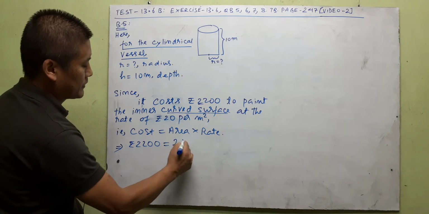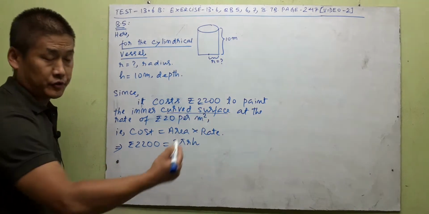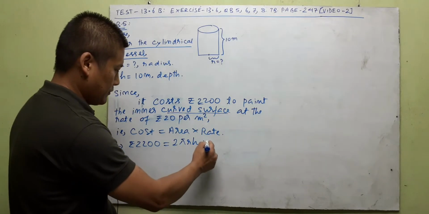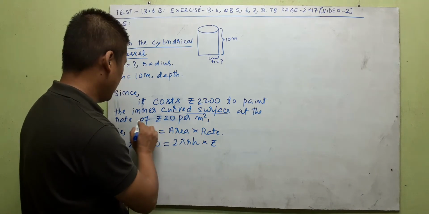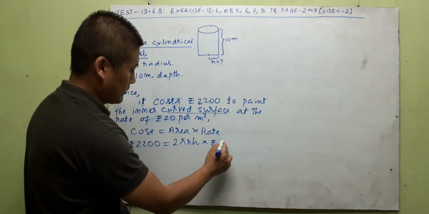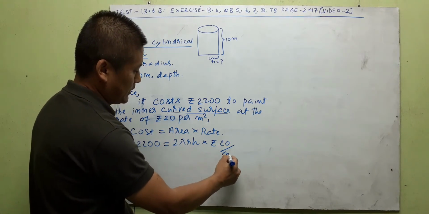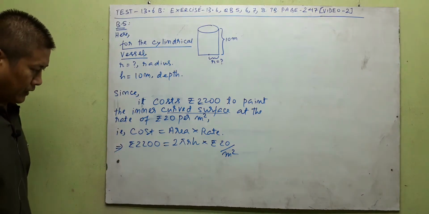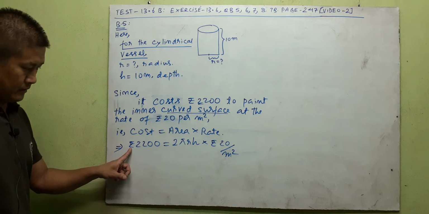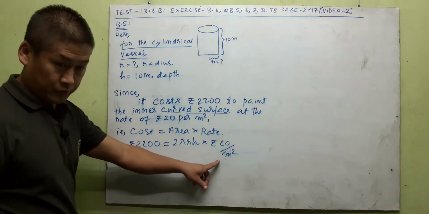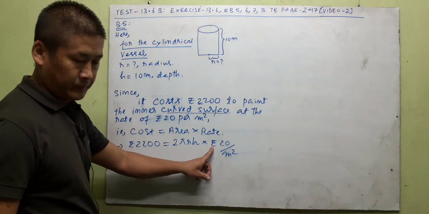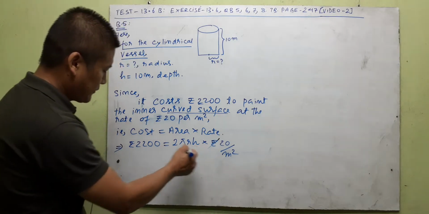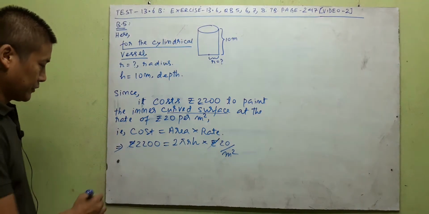We know the curved surface of cylinder formula by now is 2 pi RH, into rate, rupees 20 per meter square. I'll do slowly by thinking like that. Now if we shift this rupees, it'll go to denominator and cancel this rupees in the numerator. So before cancelling also we know we can cancel therefore.